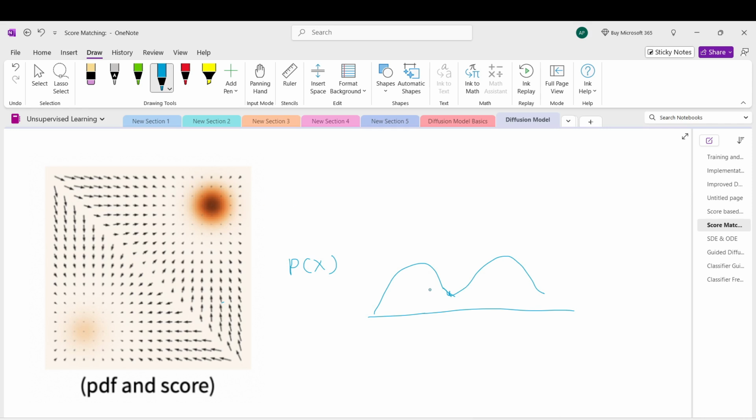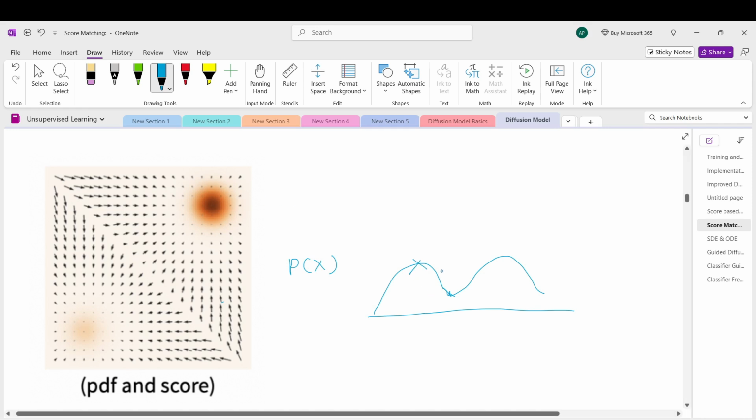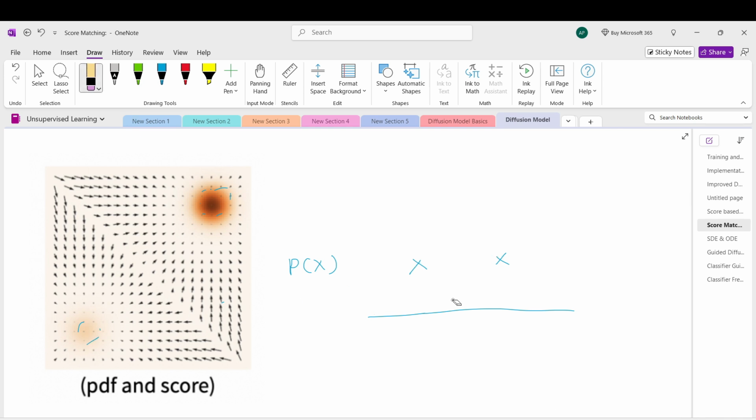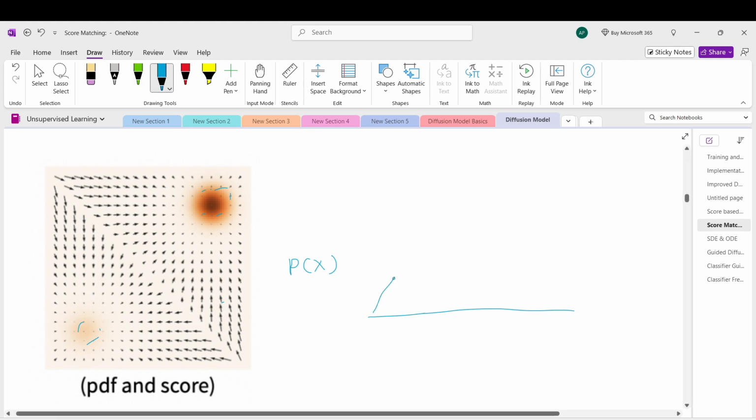This peak is higher and this one is smaller. This quantity represents the density, the probability, here.